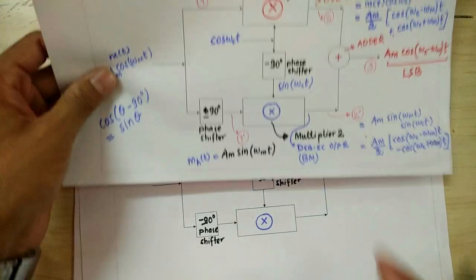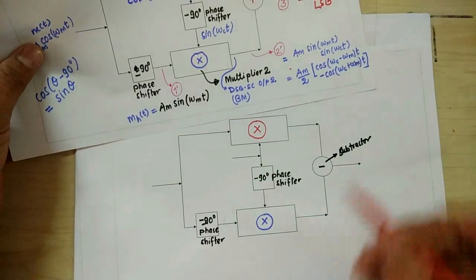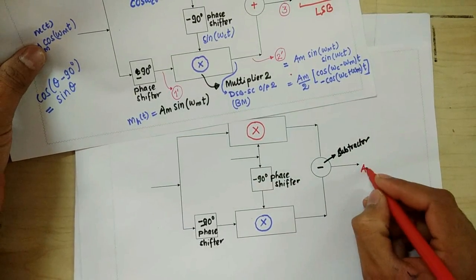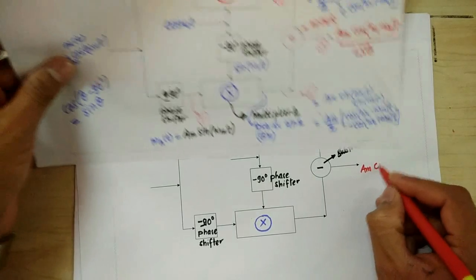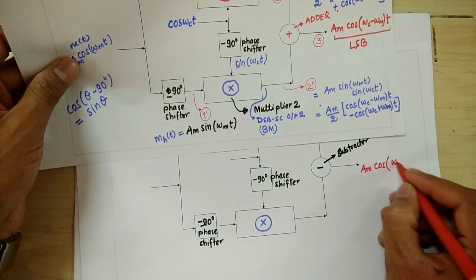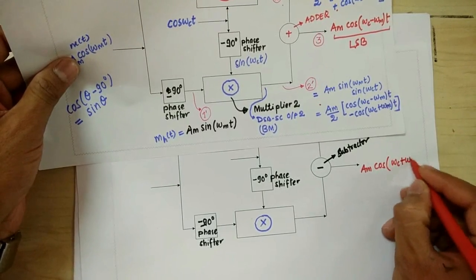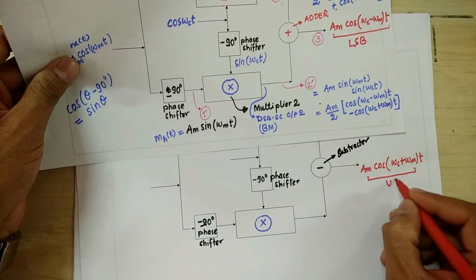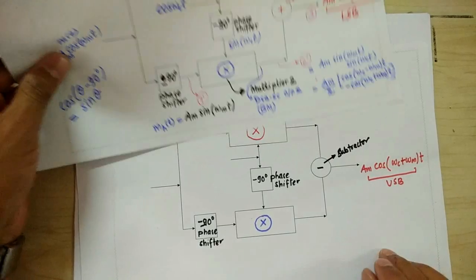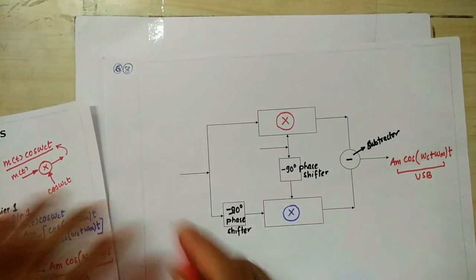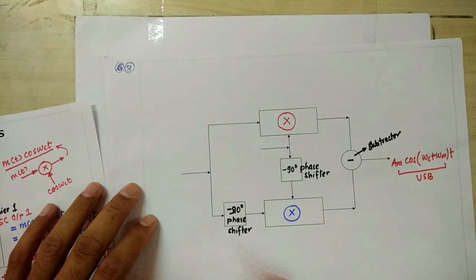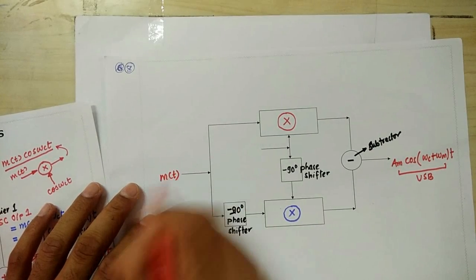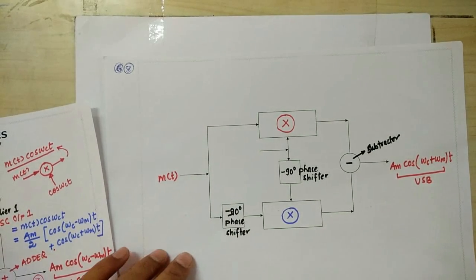By doing the same calculation, I can write this as Am cos, now the frequency is (omega c plus omega m) t, which is nothing but my USB expression. So this is how we can generate SSB signals.